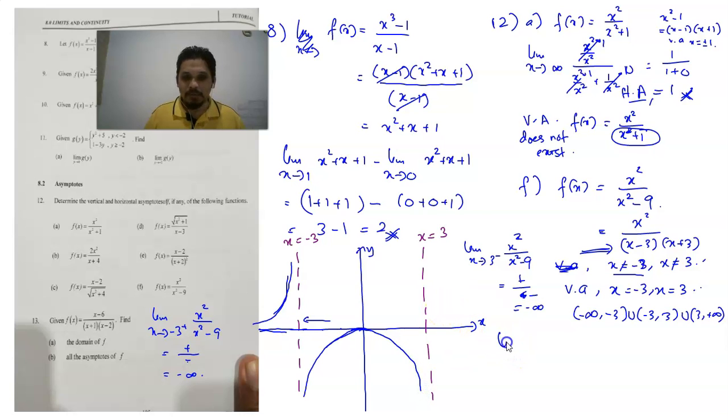And then the limit of x approaching 3 from the right for x squared divided by x squared minus 9.